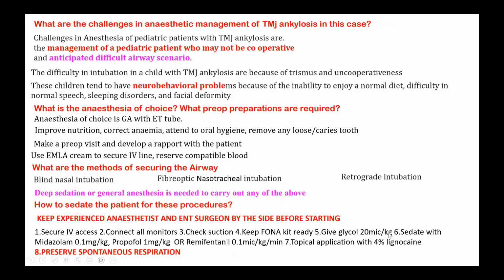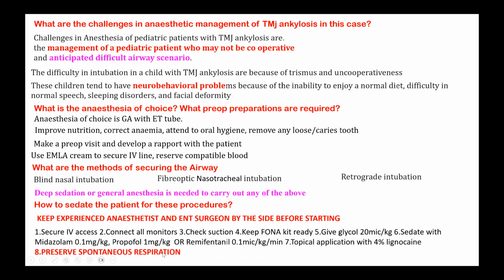Give glycopyrrolate 20 mcg per kg, because in a closed mouth suction will be difficult if secretions happen. So it is better to dry up the secretions in the pharynx, and sedate with midazolam 0.1 milligram per kg. Then give propofol 1 milligram per kg, and or remifentanil infusion 0.1 mcg per kg. Then topicalize the airway with 4% lignocaine.